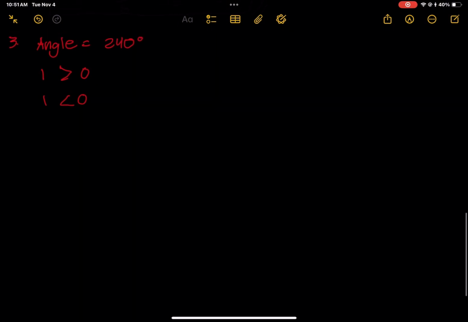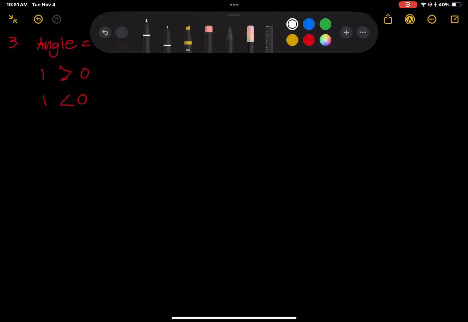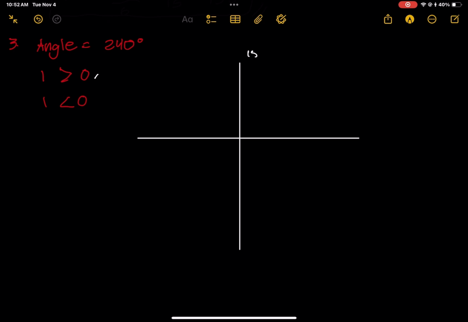Okay, first let us draw our Cartesian plane. We have 90 degrees at quadrant 1, quadrant 2 we have 180 degrees, quadrant 3 we have 270 degrees, and quadrant 4 we have 360 degrees.